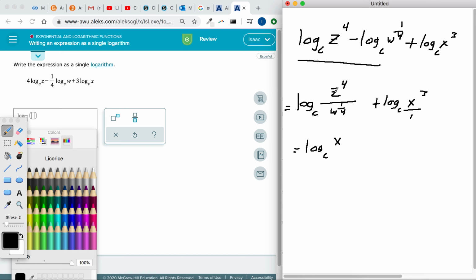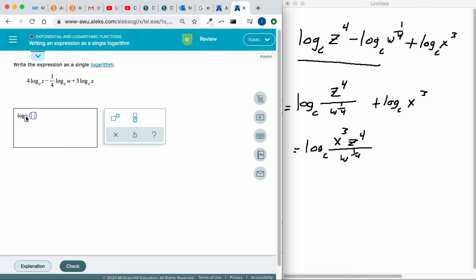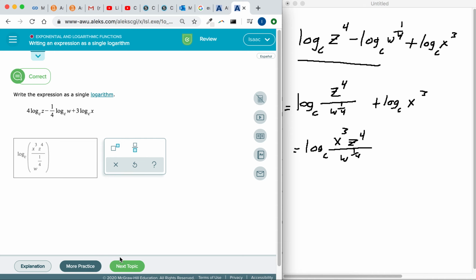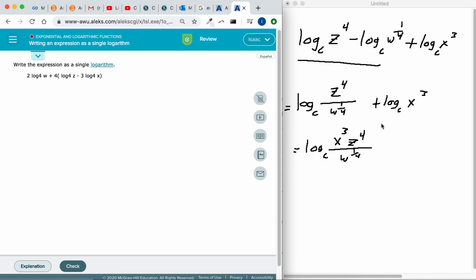And when you multiply fractions, you multiply straight across the top and straight across the bottom, okay? So this is x to the 3rd z to the 4th over w to the 1/4. And so that's our condensed logarithm, believe it or not. Log base c, then we got a fraction, x to the 3rd, z to the 4th, over w to the 1/4 power.